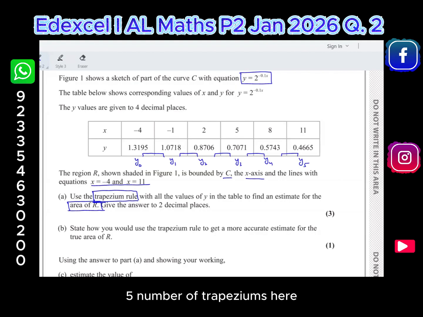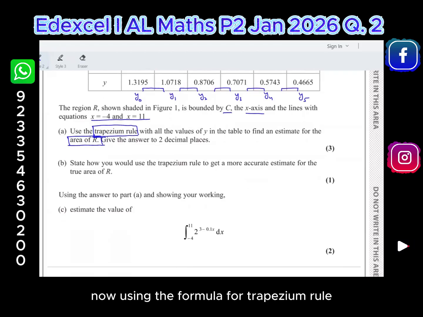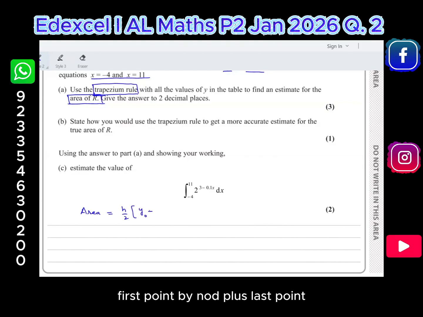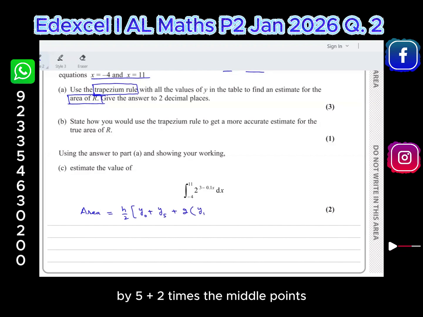Now using the formula for the trapezium rule, area is equal to h by 2, first point y0 plus last point y5 plus 2 times the middle points y1, y2, y3, and y4.